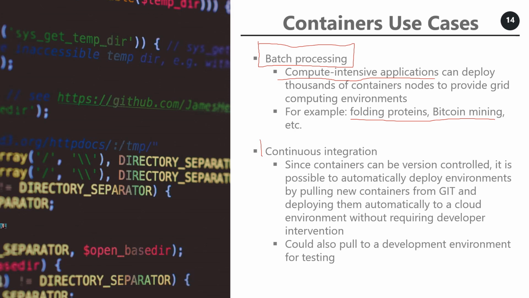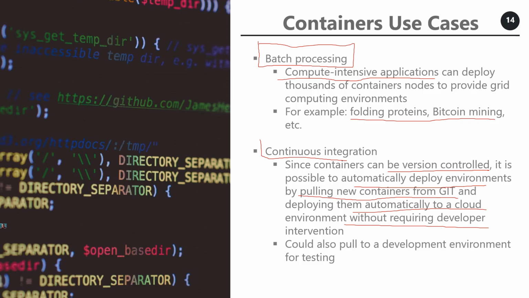Continuous integration. Since containers can be version controlled, it's possible to automatically deploy environments by pulling new containers from Git and deploying them automatically to a cloud environment without requiring developer intervention. Again, automation. You have a new, improved version of that application running in a container, right?